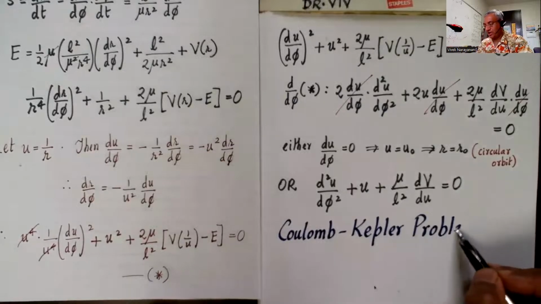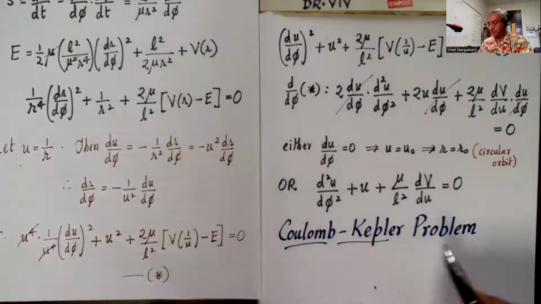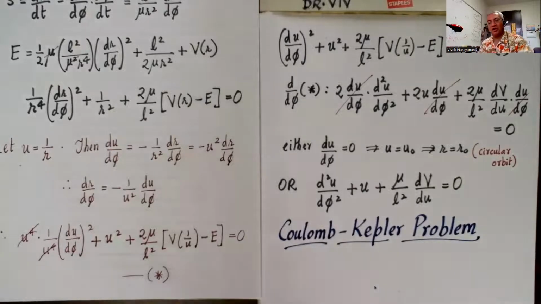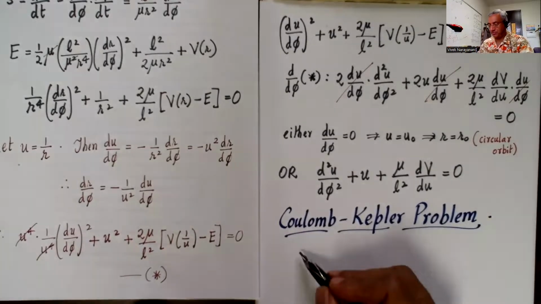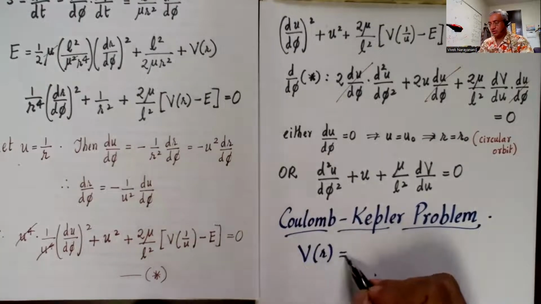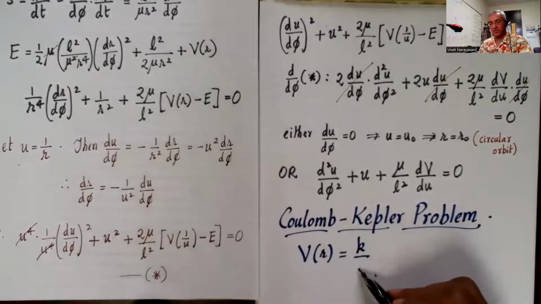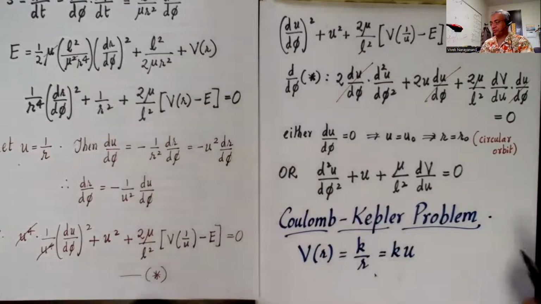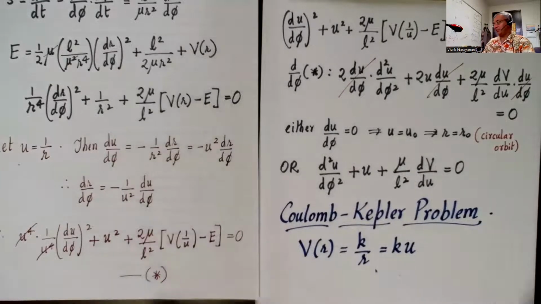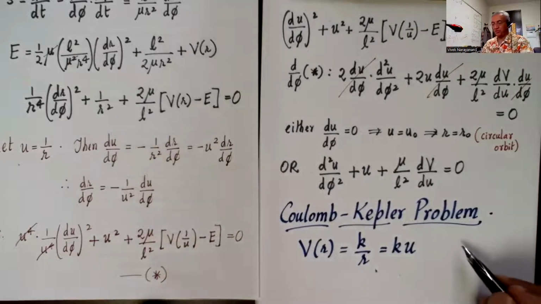So this is the first time in this entire video, almost an hour in, that I'm actually assuming anything about the potential. The potential will be taken to be K over R, which is K times U. And we're also going to assume that K will be less than 0.